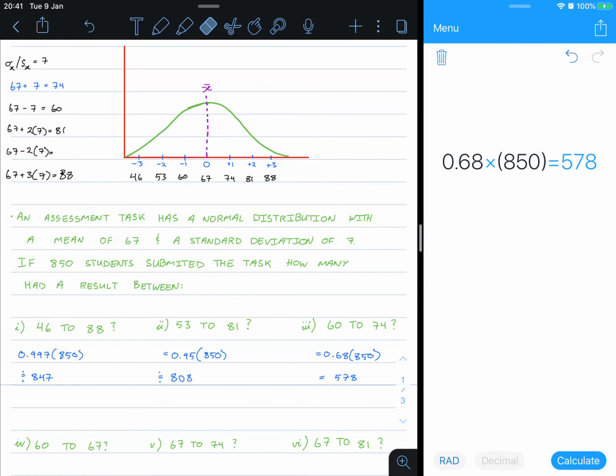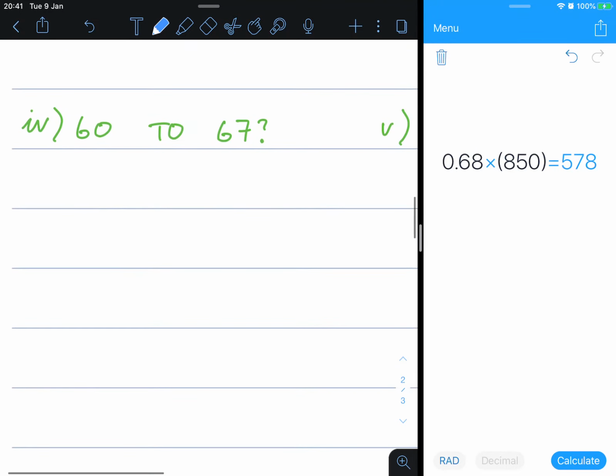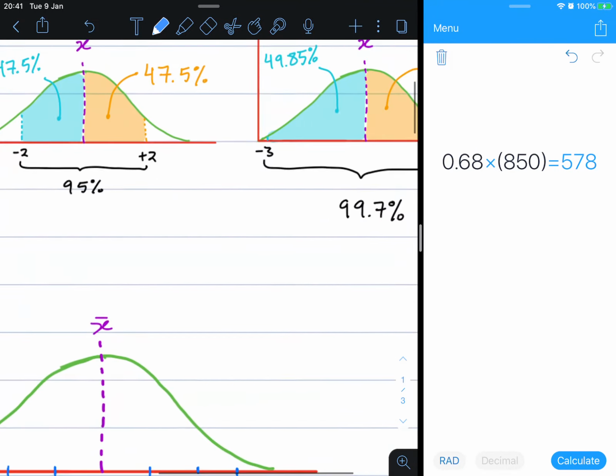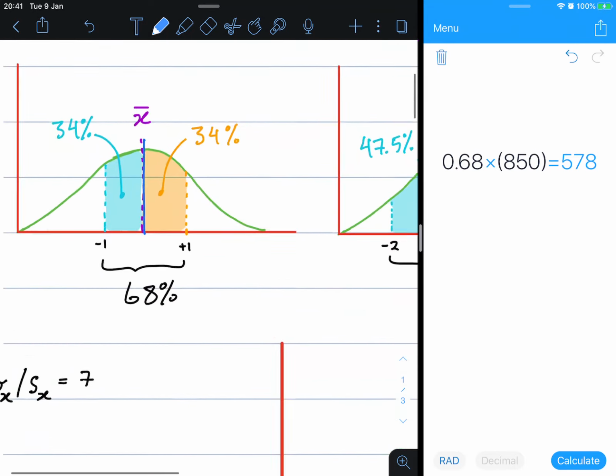Okay, so those are the more straightforward examples. Let's move on to the slightly more difficult ones. So from 60 to 67. So from 60, which is -1 standard deviation, to 67. So what we really want is just this area here. So -1 standard deviation.